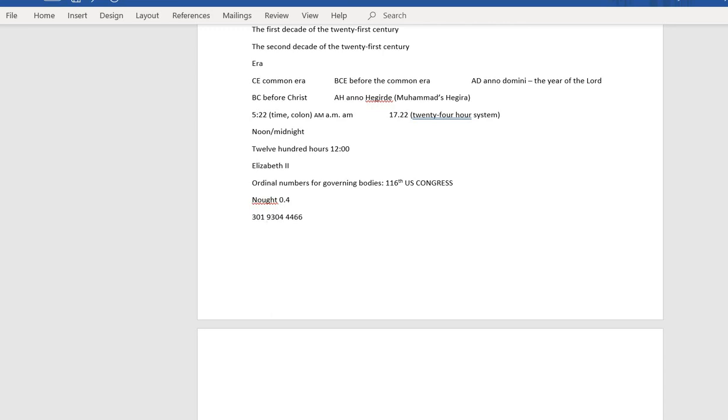All right. One more thing I want to point out is that we use, it says here in point number 7, cardinal numbers for books, for example, or for rules. We say rule 1. Rule 1.